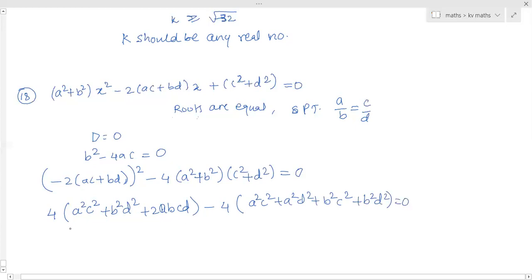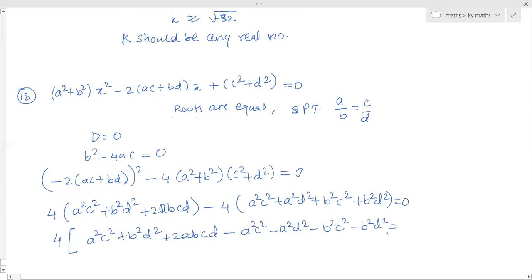Take 4 common. Now bracket a square c square plus b square d square plus 2abcd, minus, now all the signs will change, a square c square minus a square d square minus b square c square minus b square d square is equal to 0.